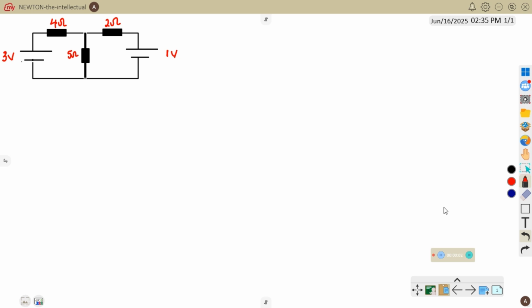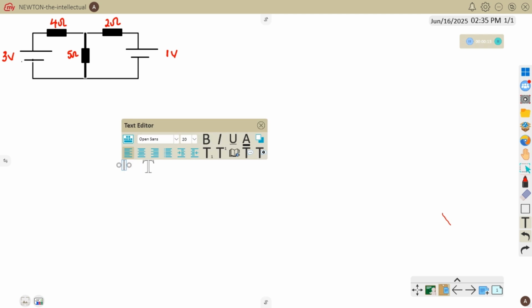Alright, so let's look at this question now. For this question, we are being asked to find the power through each resistor. So I should have written this down. Find the power through each resistor.